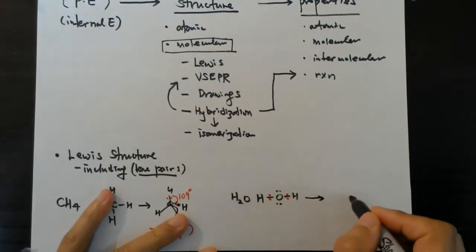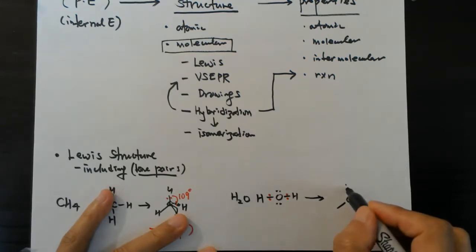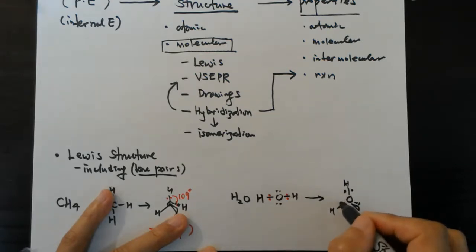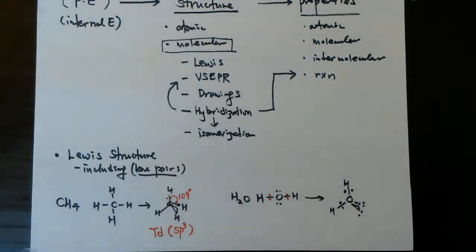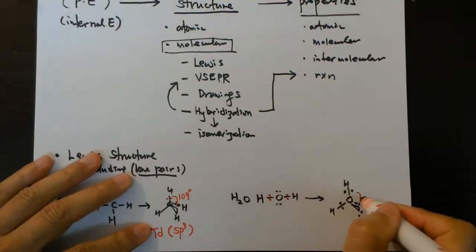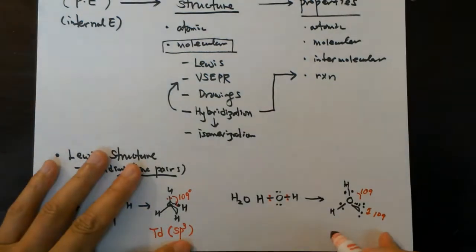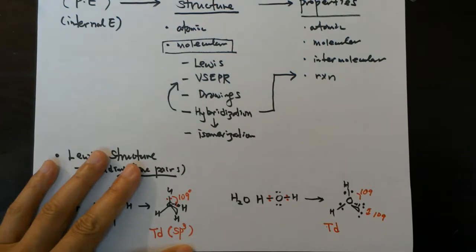So oxygen still has a tetrahedral arrangement of electrons: 2 pairs in the bonds and 2 pairs as lone pairs. They have roughly 109 degrees here, and between lone pairs slightly greater than 109. Roughly speaking, water also has a tetrahedral arrangement of electrons.